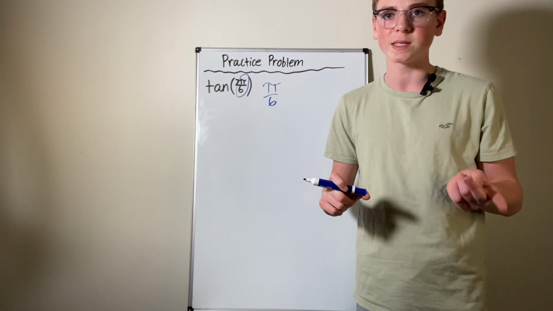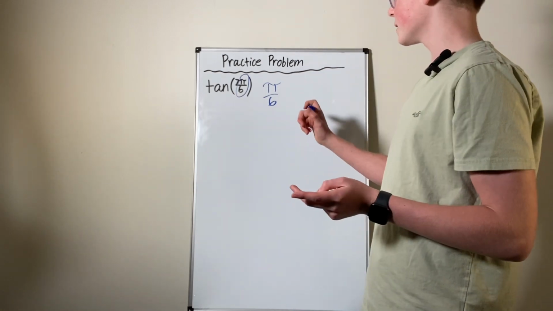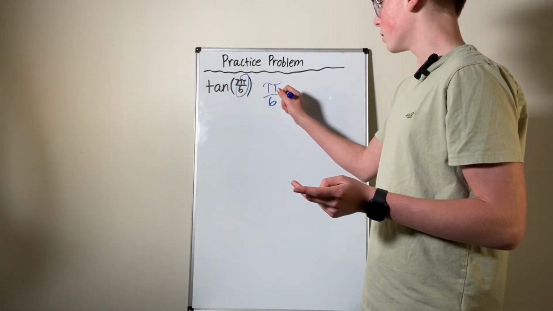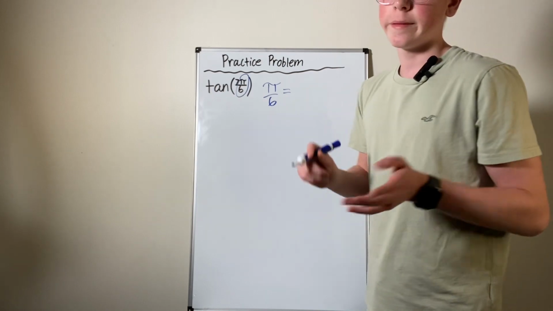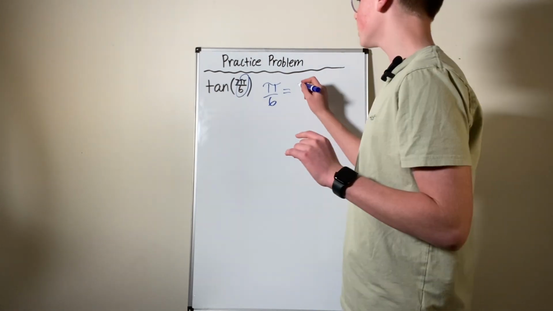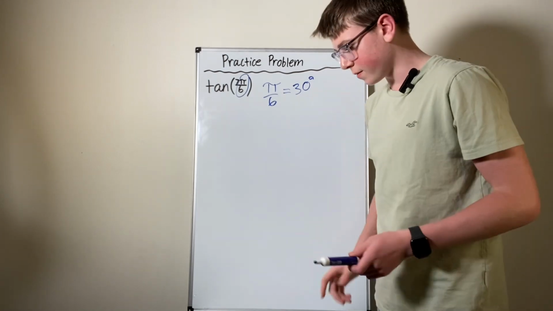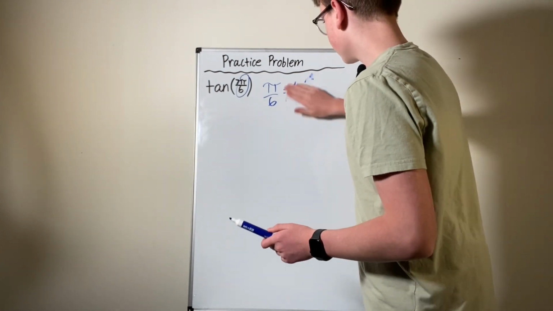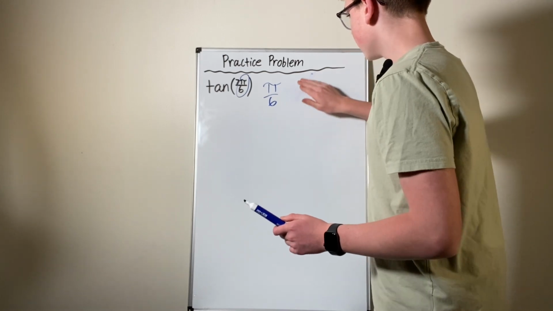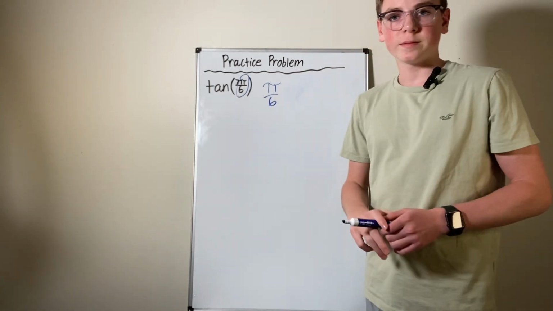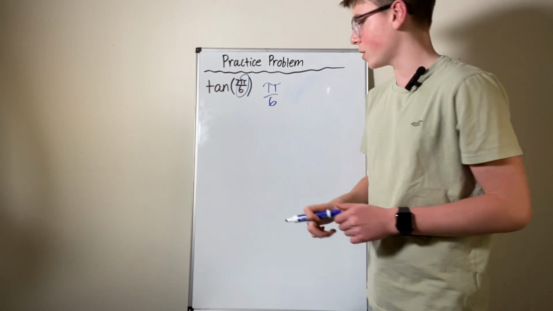If we want to find tangent, we need sine and cosine. Pi over 6 is equal to 30 degrees, so it goes in the 30, 60, 90 triangle. You shouldn't even need the 30 degrees here. You should just know pi over 6 goes in a 30, 60, 90 right triangle.